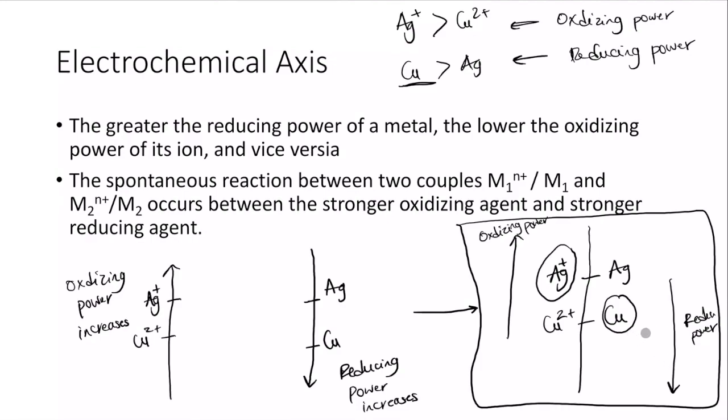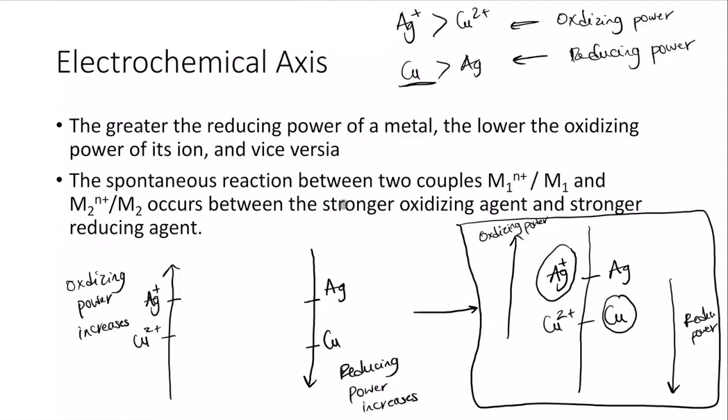Now, if we try Ag+ with Cu2+, we don't have a reaction, because Ag+ is a weaker reducing agent than Cu, and Cu2+ as well is a weaker oxidizing agent than Ag+. So it wouldn't work. So the spontaneous reaction occurs between the stronger oxidizing agent, you should keep this in your mind, and the stronger reducing agent.